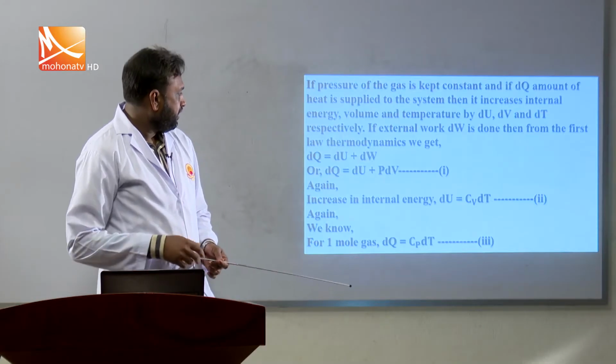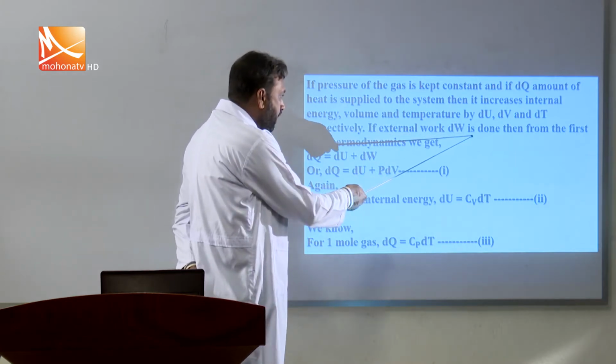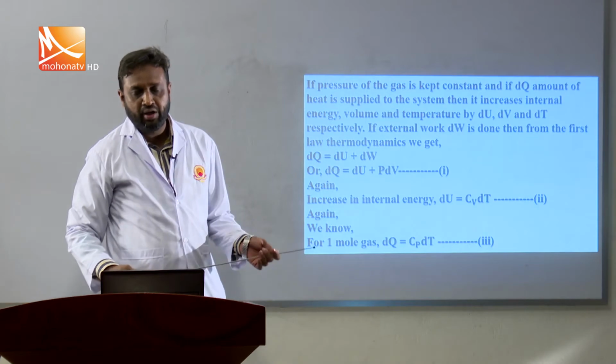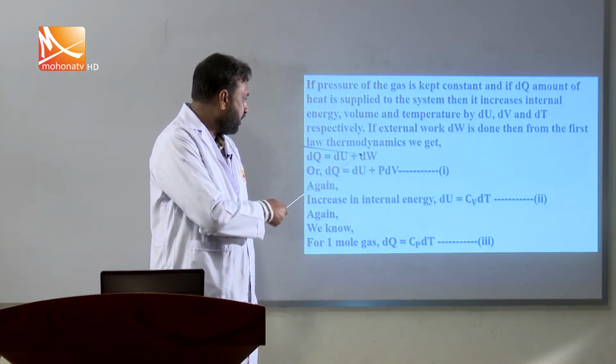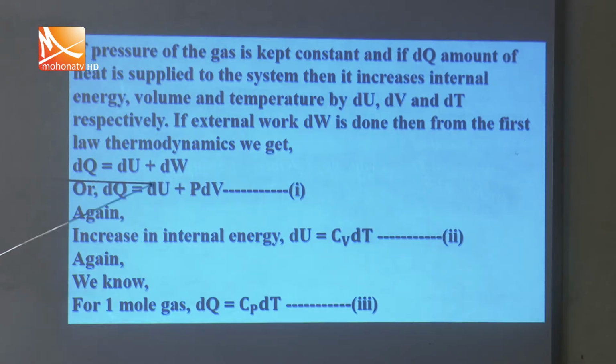For this reason, if external work dW is done, then from the first law of thermodynamics, you know dq equals dU plus dW. You also know dW equals PdV. So we can write dq equals dU plus PdV.